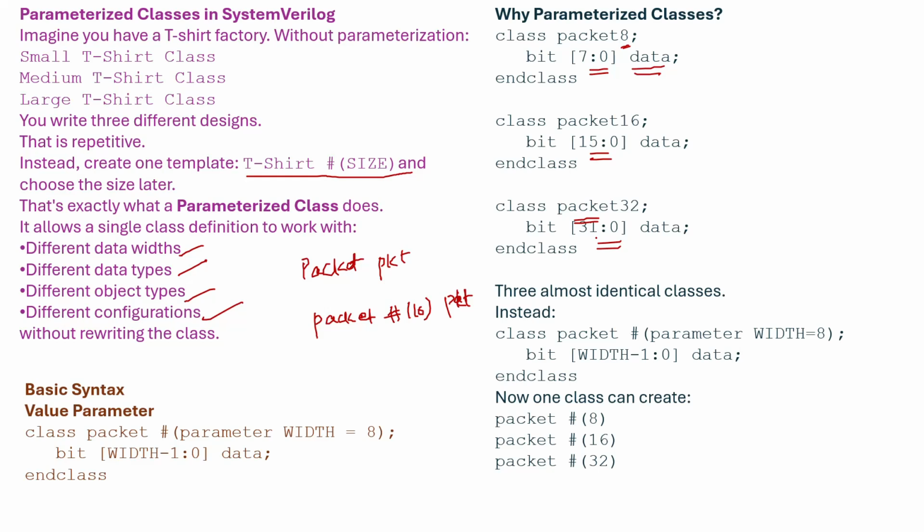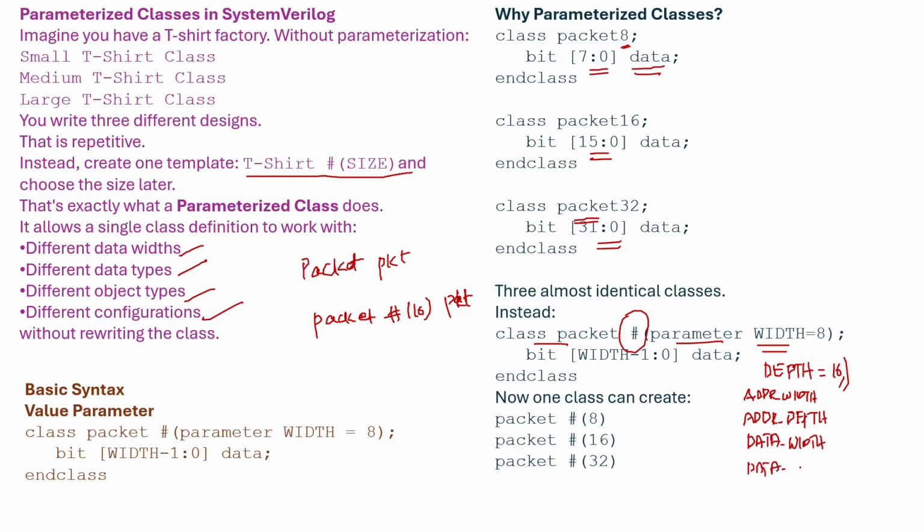That is the reason for class packet, hash, and parameter width. We can represent a single width, and multiple parameters also we can take. Depth also you can consider, depth equal to 16, comma, and then another thing, address width, address depth, data width, data depth.